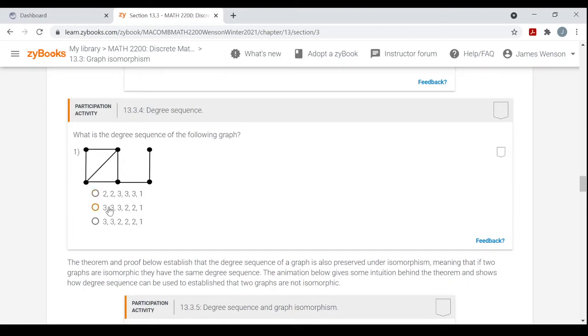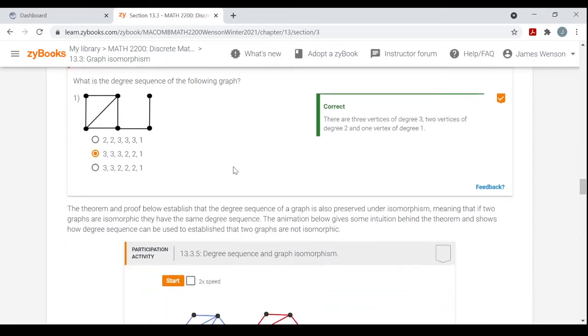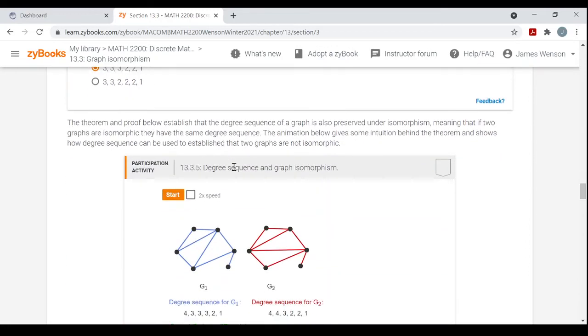So 3 3s, 2 2s, and a 1. And putting them in non-increasing order from highest to lowest. If there's a graph isomorphic to this, it'll have the same degree sequence.